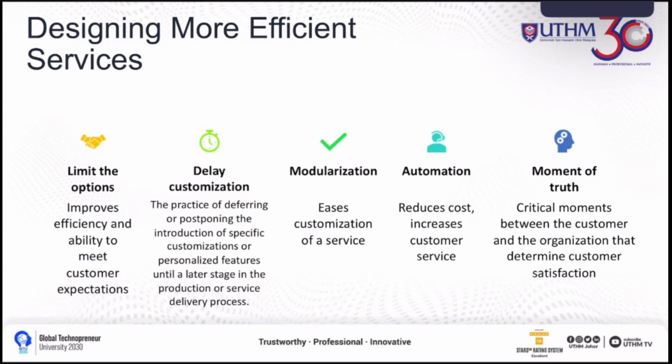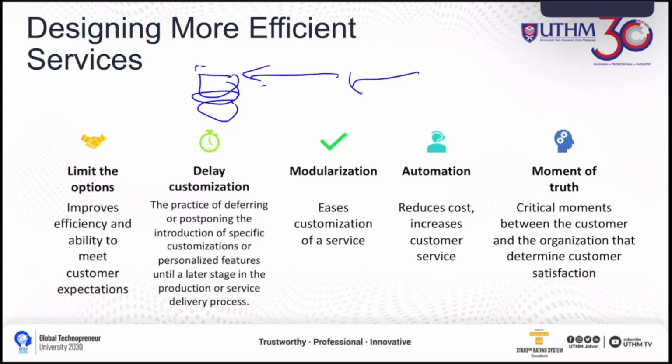Okay, so that is by default. But customer can actually request additional modification if desire. Okay, so this will reduce the complexity of the order taking process and streamline the kitchen operations. Okay, so that is we delay the customization because we already has the basic beef burger. So after we done the first part, so we only added the customization later on.